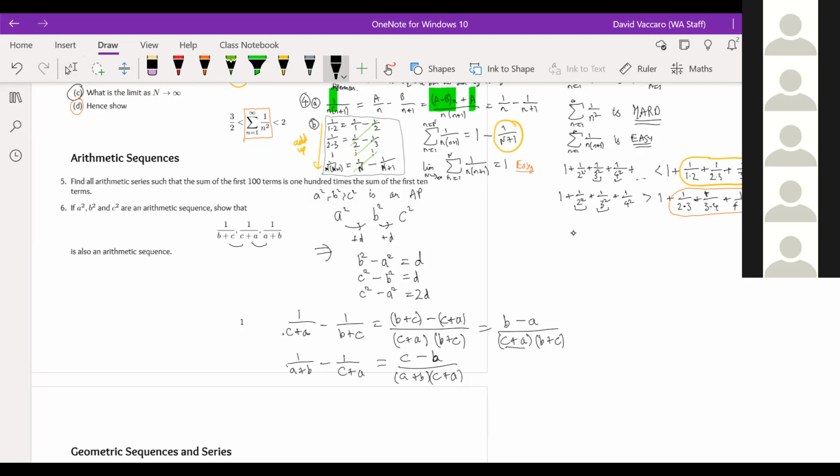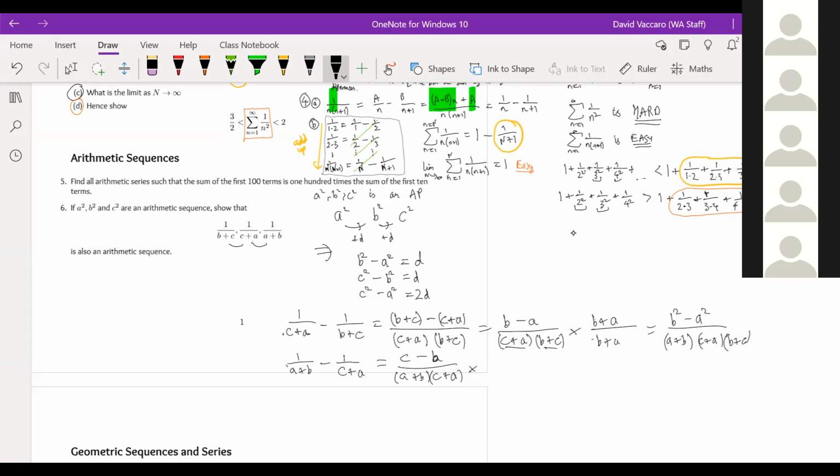At the moment, I've got c plus a and b plus c, but I don't have a b plus a. And if I was to multiply by b plus a, I would just get b squared minus a squared over a plus b, c plus a, b plus c.